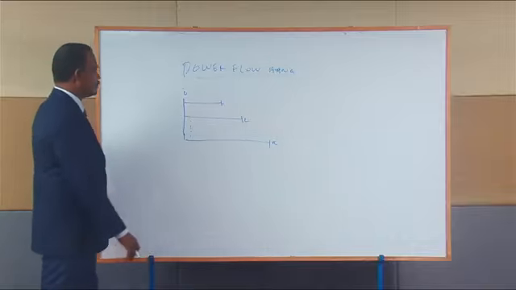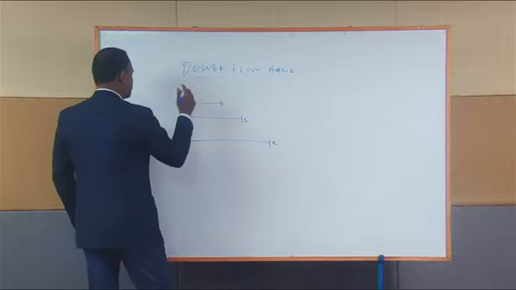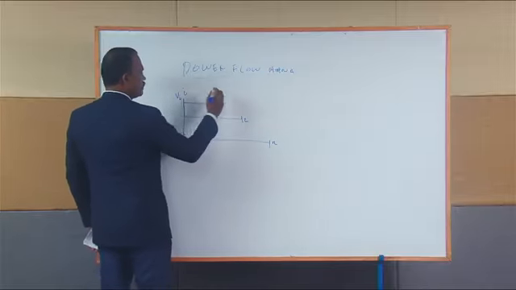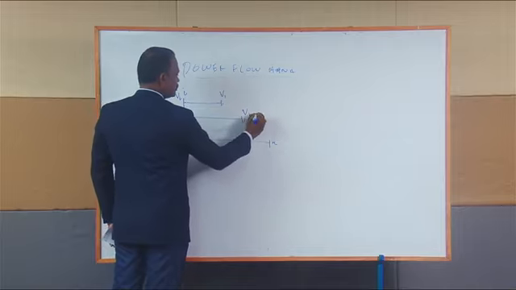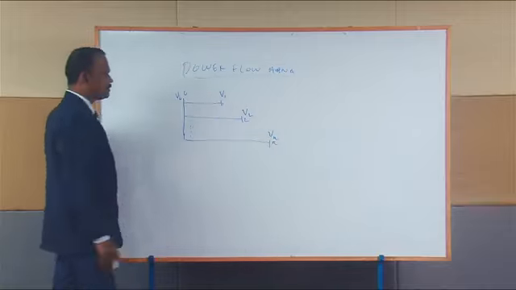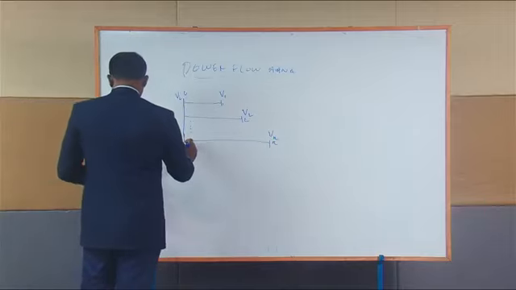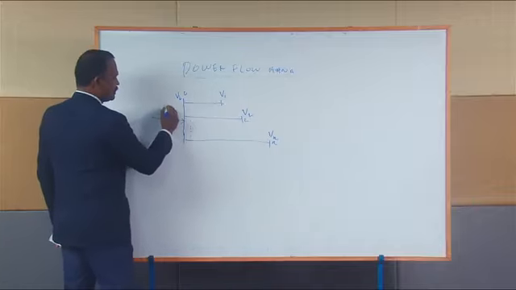Let us assume the voltage at the ith bus is Vi. Similarly, the voltage at the first bus is V1, at the second bus V2, and at the nth bus is Vn.